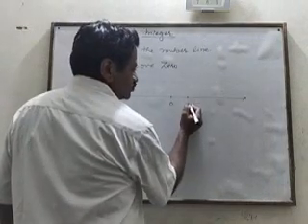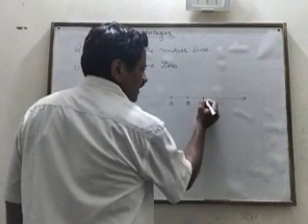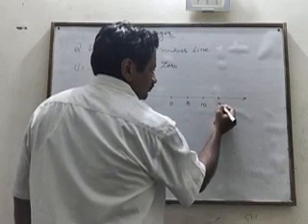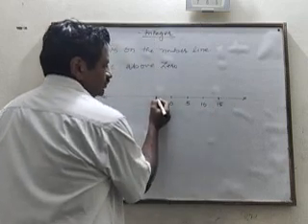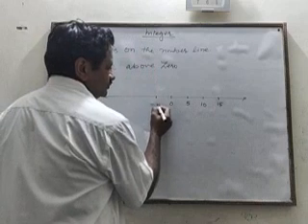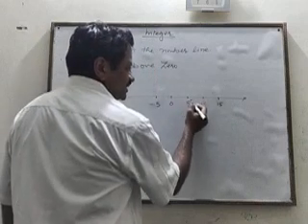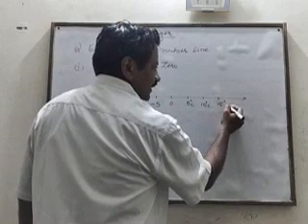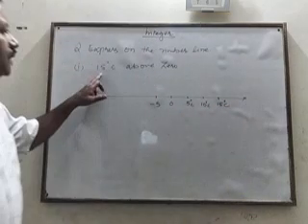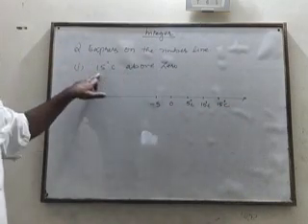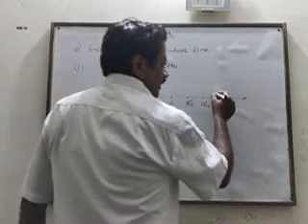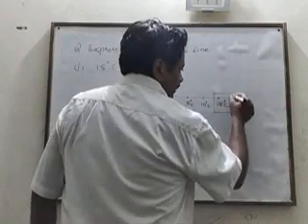Equal distance, this is 5, this is 10, and take one value on the negative side also. So 5 degrees Celsius, 10 degrees Celsius, 15 degrees Celsius. So above 0, 15 degrees Celsius means on the positive side. So this is my representation on the number line.